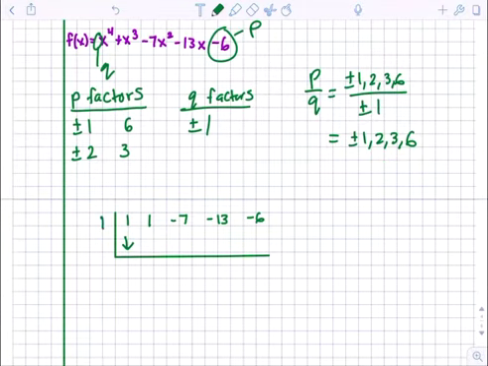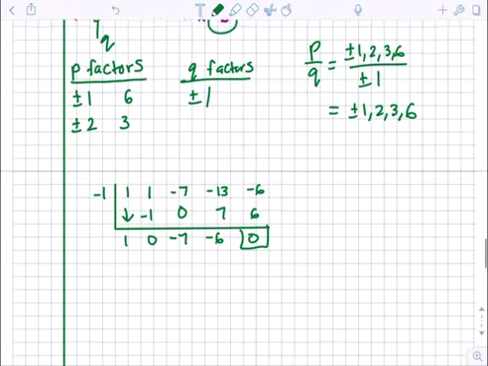I'll just pick 1. 1, 1, 2. 1 times 2 is 2, negative 5. That doesn't look good, so it's not 1. Does negative 1 work? 1 times negative 1, negative 1, 0, 0, negative 7, 7, negative 6, 6. And there we go. There's one of our roots.